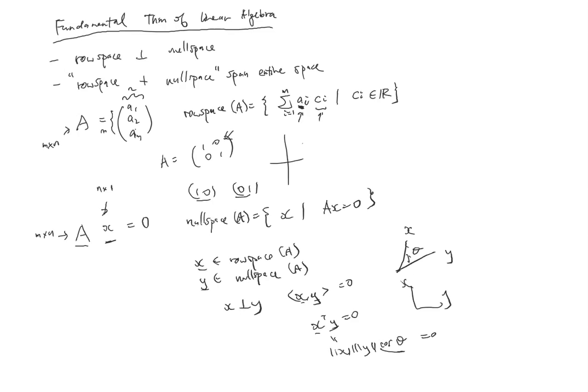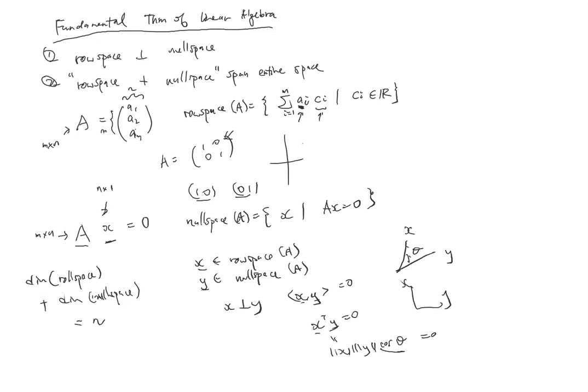Now I'm also going to say something more, so this is two things. This is one thing. The other thing is that the row space and the null space essentially span the entire space. Usually people write it as the dimension of the row space plus the dimension of the null space equals n.